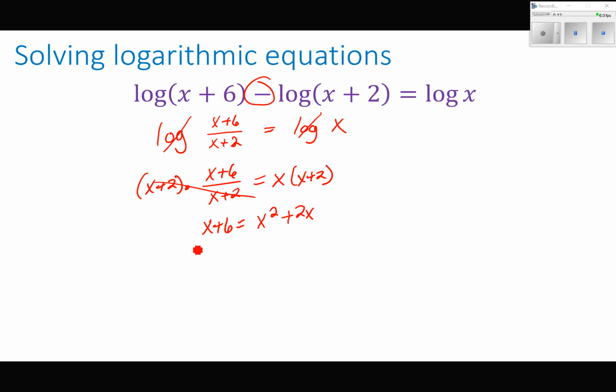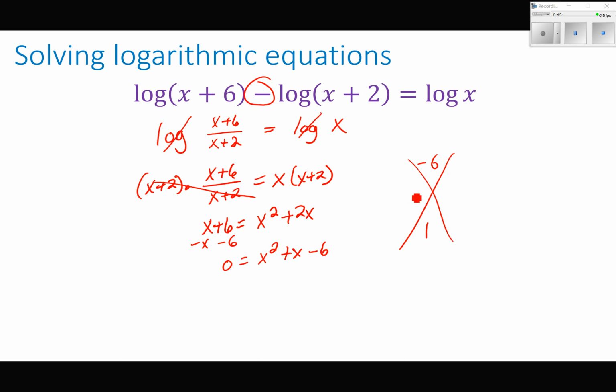X plus 6 now is going to be equal to x squared plus 2x. If I were to subtract x and subtract 6 to set this equal to 0, I would have x squared plus x minus 6 is going to be equal to 0. So now I have a quadratic that I'm trying to solve. Again, I'm trying to solve for x. Let's do a quick cross. Is there a number that I could multiply to get negative 6 that adds up to be 1?